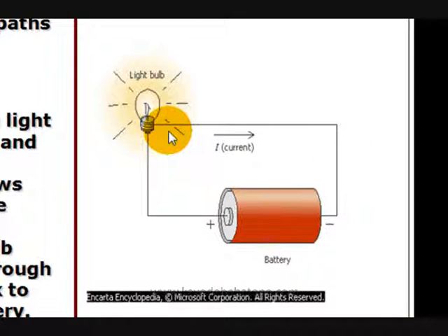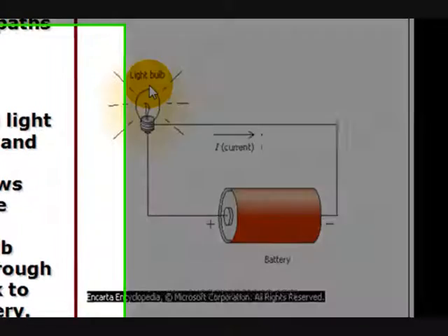All right, so this now is the conducting path through which current can flow, and then this is the load where the current is converted into light. All right, so an electric circuit is an arrangement of electric sources, a battery in this case, and a conducting part through which a current can continuously flow.